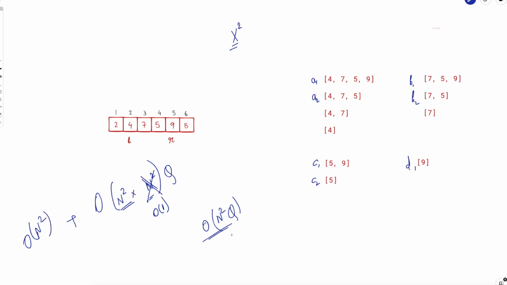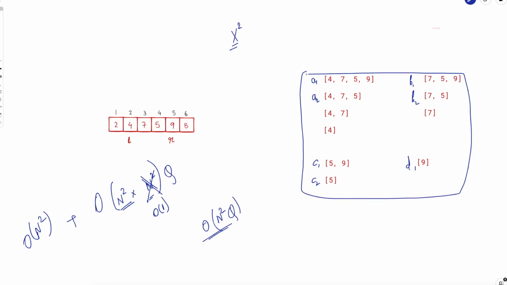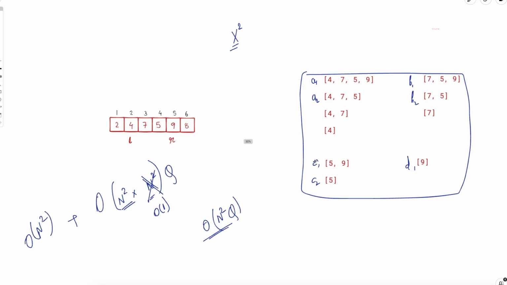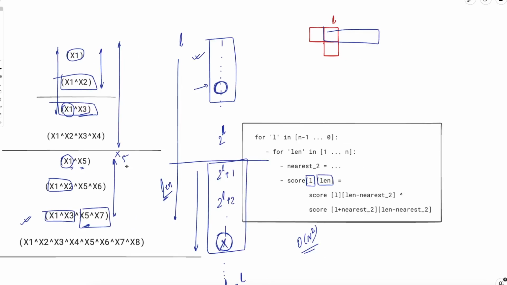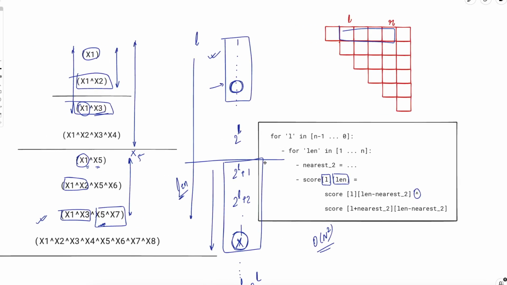What does that mean? This means that you can't even iterate over all possible subarrays here, and you need to do something better, right? So I would encourage you to pause and try to think for a moment by yourself what exactly you can do from here. So hope you thought about it.